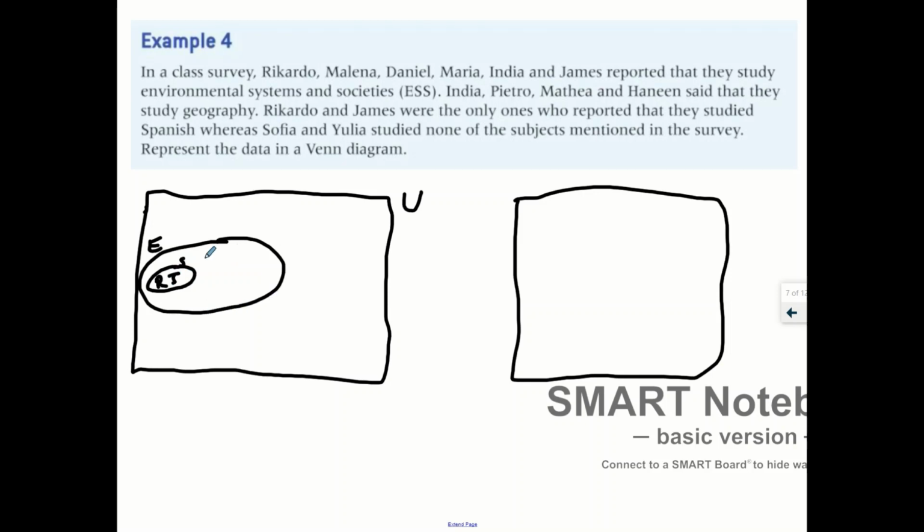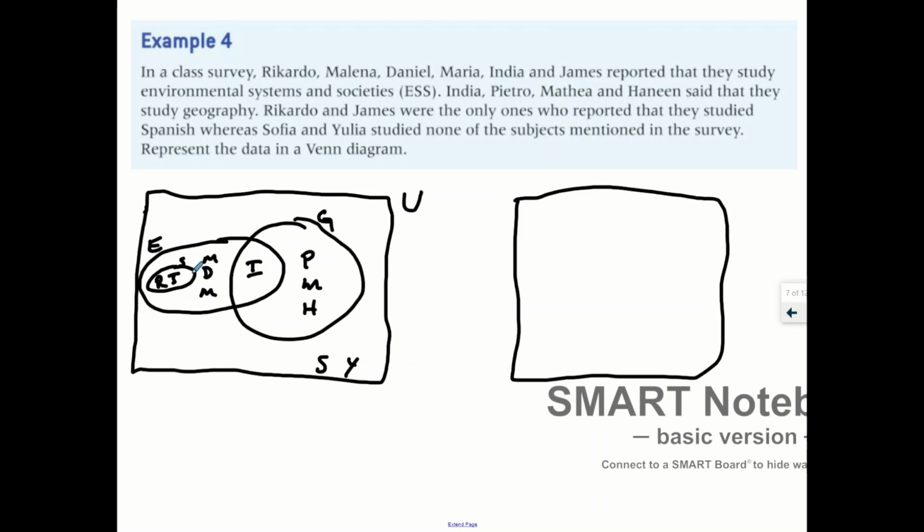Then Malena, Daniel, and Maria only study ESS. Then you have the people who study geography. Of them, India studies geography in ESS, and you have Pietro, Matea, and Hanin that study geography, and Sophia and Yulia that don't study any of those.